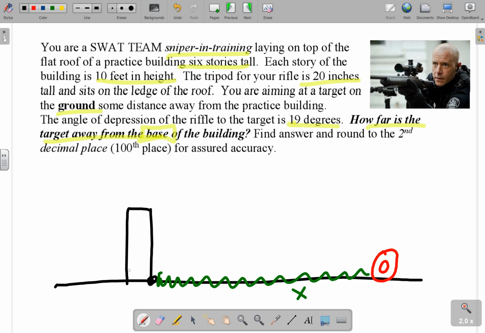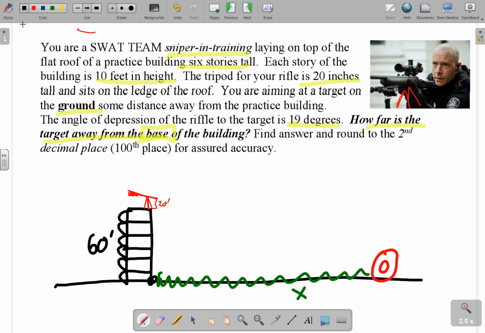Our building is 6 stories high, so it's 10 each, which means it's 60 feet. Then we have a tripod, which is what the sniper braces, and it is 20 inches. From here to here.